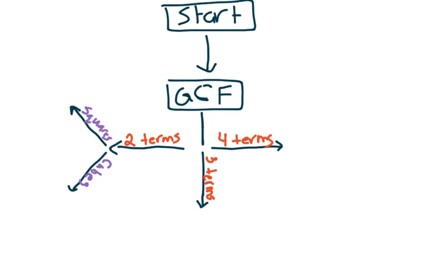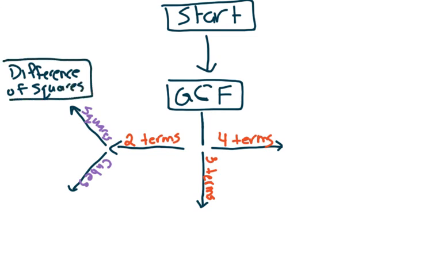If you have perfect squares, you are using difference of squares, or you are checking for a difference of squares. If you have perfect cubes, you're going to be using the sum or the difference of cubes formula.